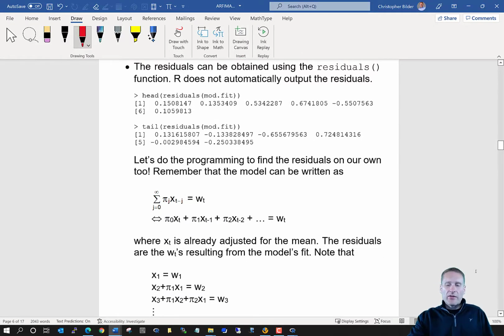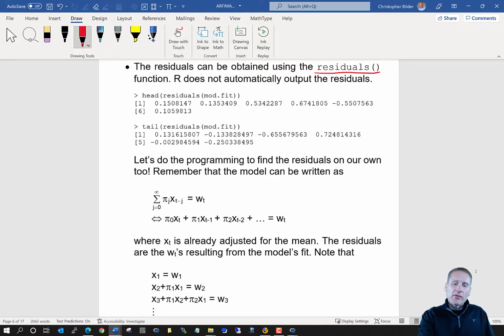So let's talk about residuals then. Now, the residuals can be found using the residuals function in R. So that makes it really simple. Again, when I've taught this course in the past, I didn't have a way to do that, and I actually did find the residuals by hand, by programming in the code, and that code is in my corresponding code that I presented on the previous page.